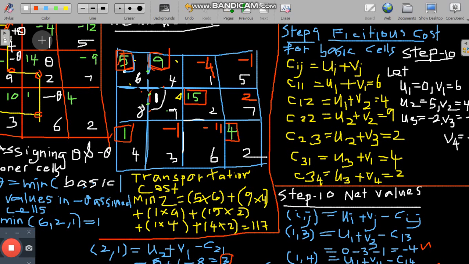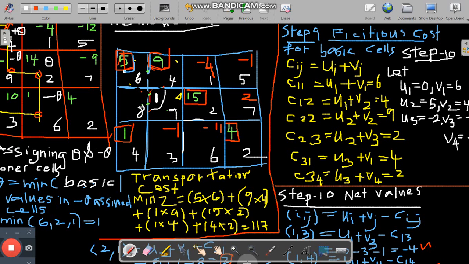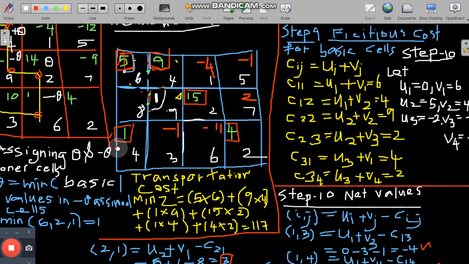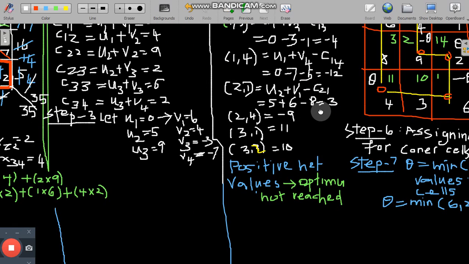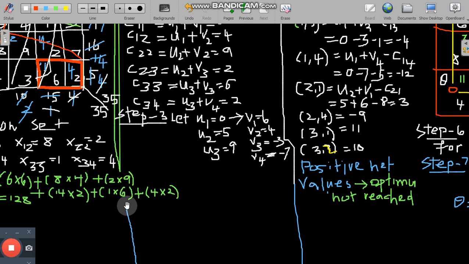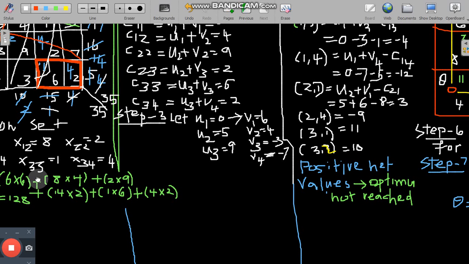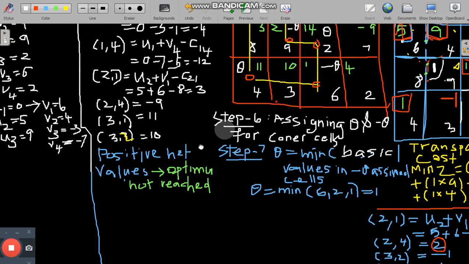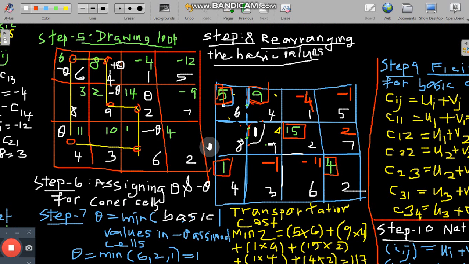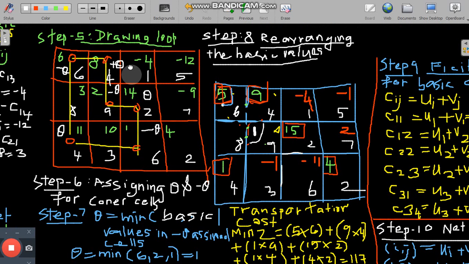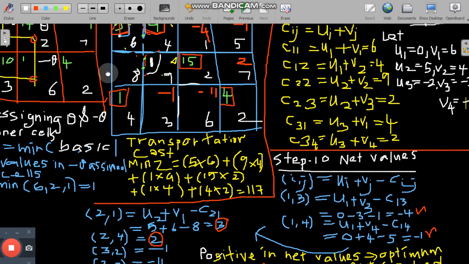Just before this, by the northwest corner method, we got 128. Now after this cycle, drawing the loop and changing the theta and minus theta values, we got 117.